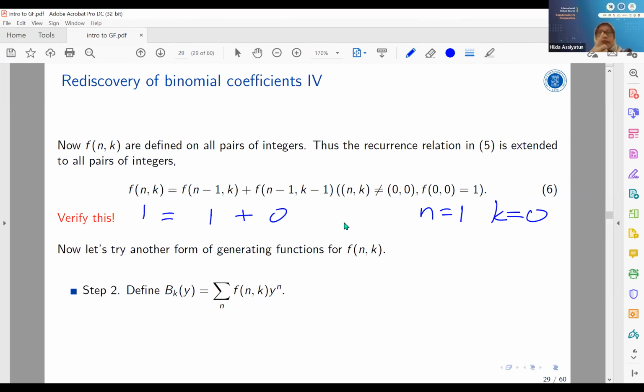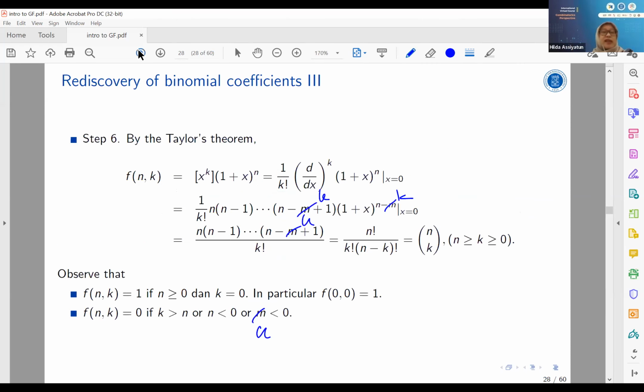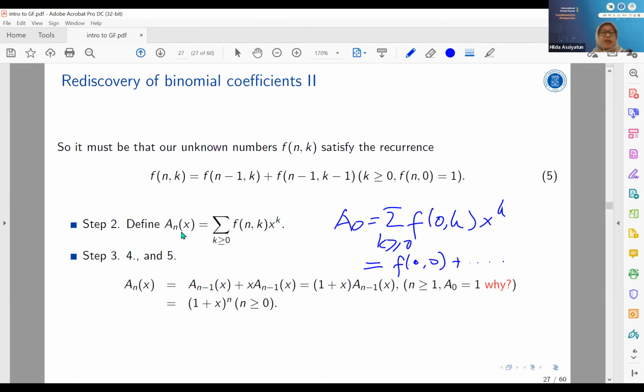We will try. The first generating function is the function of x, where x corresponds to the second index.